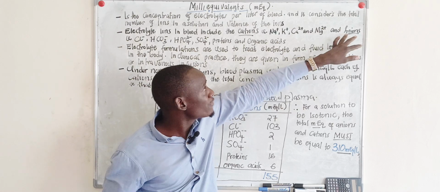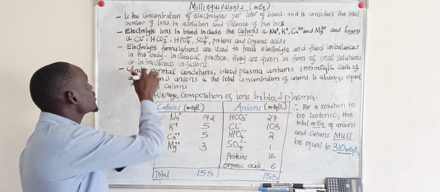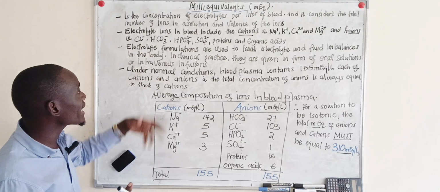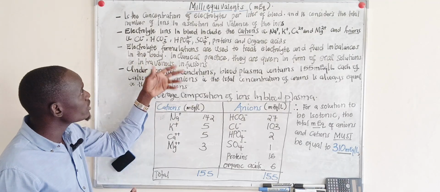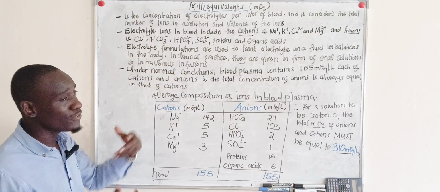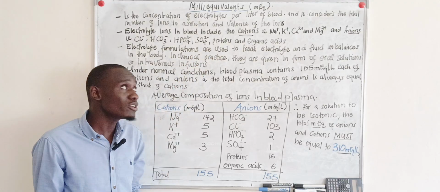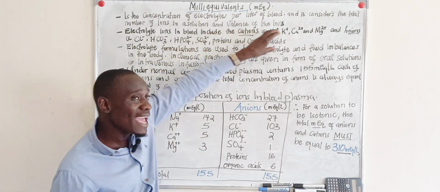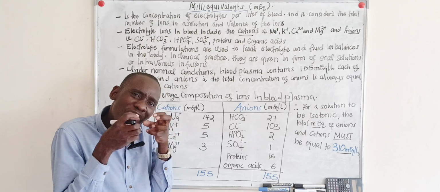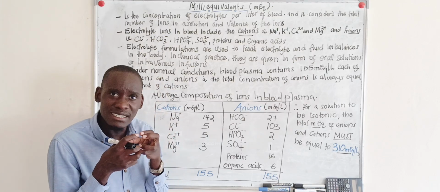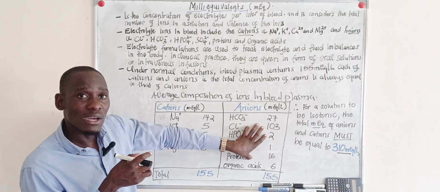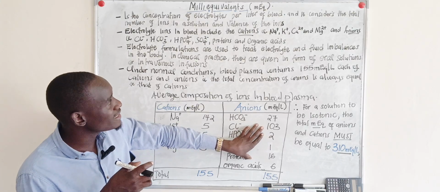We also have anions, such as chloride ions, bicarbonate ions, hydrogen phosphate ions, sulfate ions. We also have proteins and organic acids. All these ions have their milliequivalents in blood, as we shall look at when we reach this table.